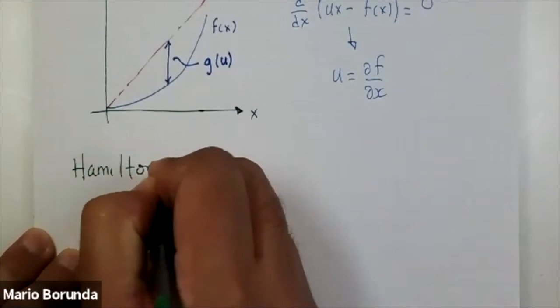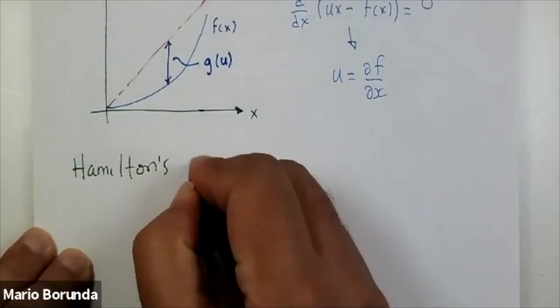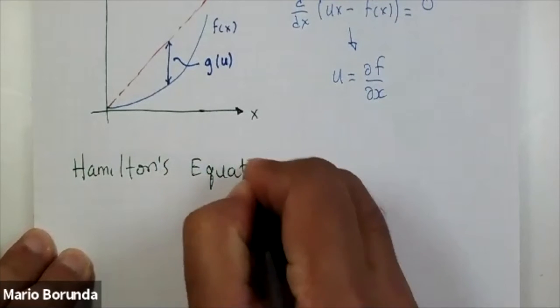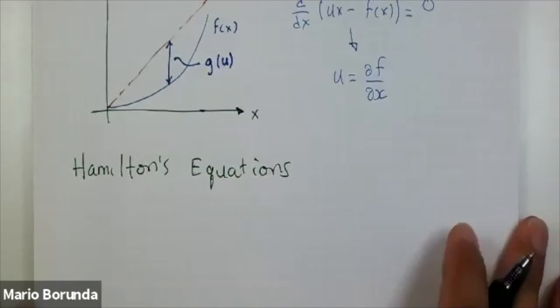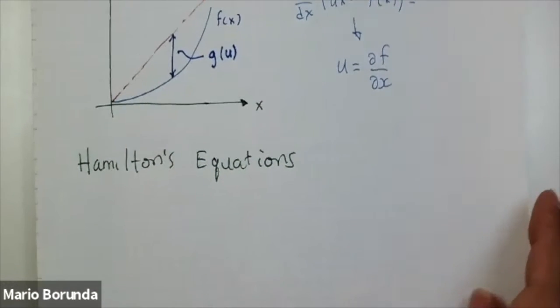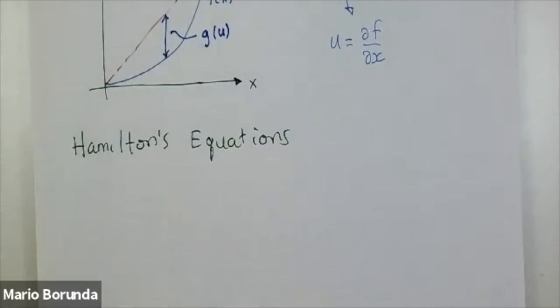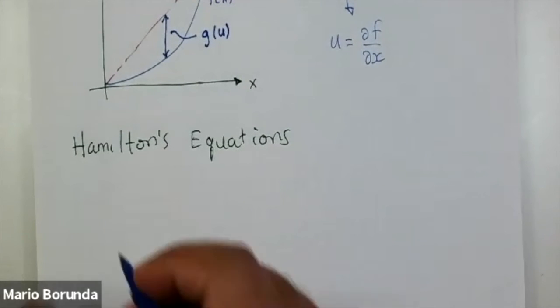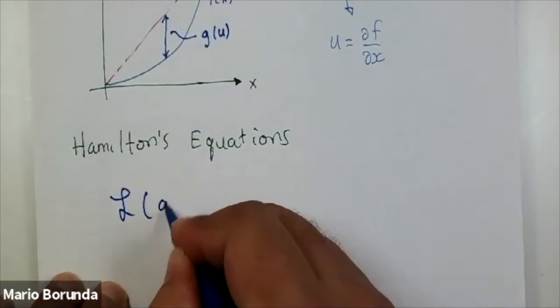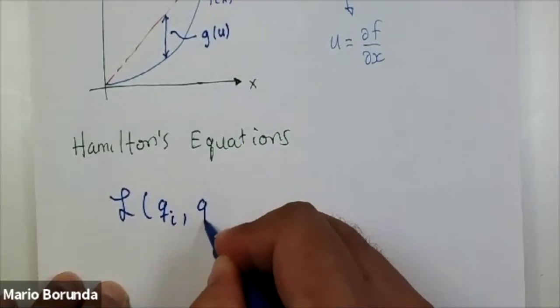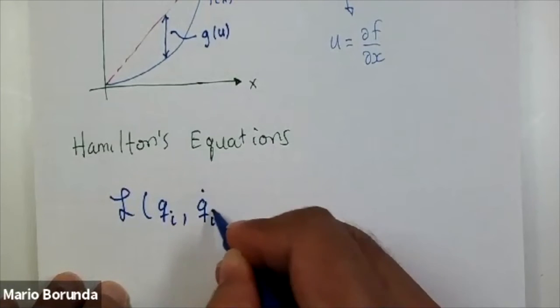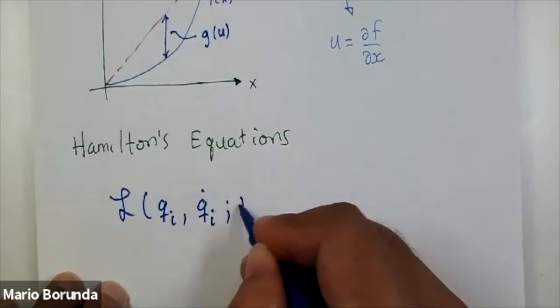So let's go back to Hamilton's equations. So if we look at it, Lagrangians are a function of q, q dots, and maybe time.